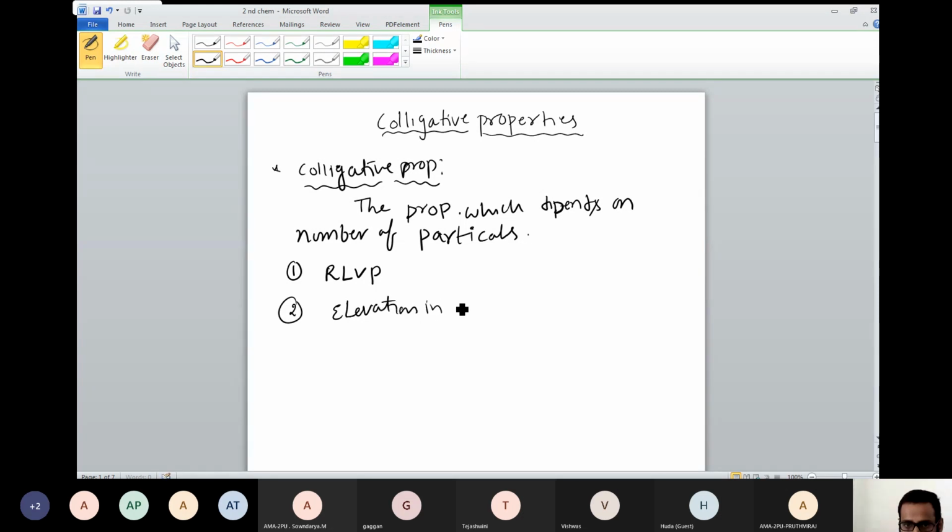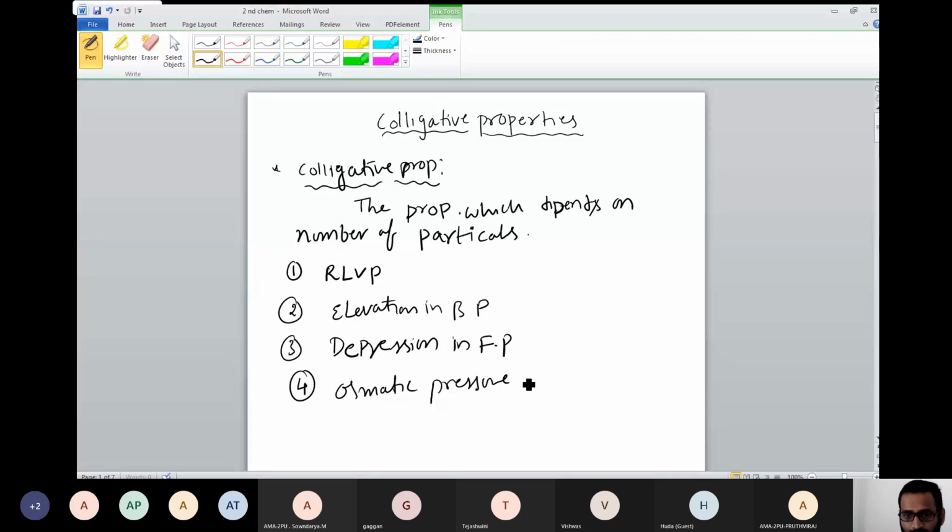Third one is depression in freezing point. Last and final, fourth one, osmotic pressure.